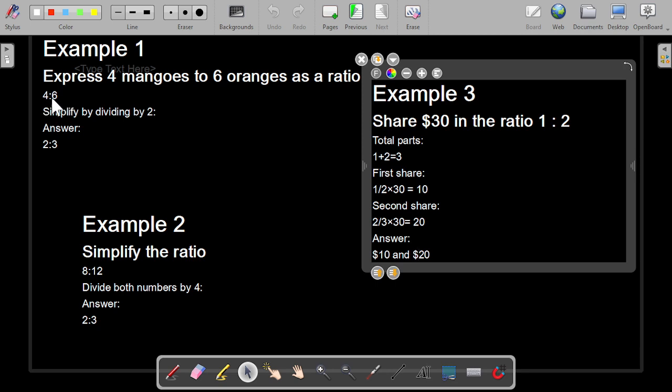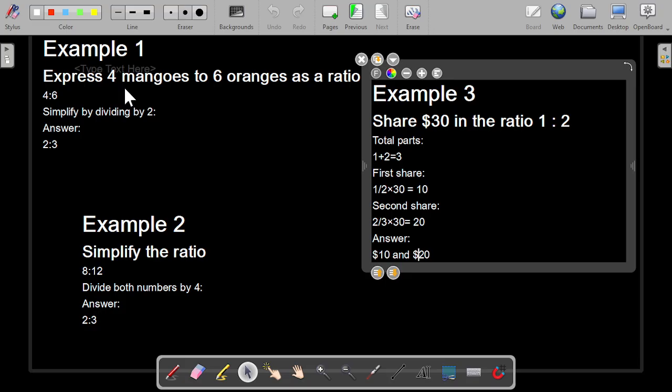So this question simply means that you are going to find the ratio and normally come to the lowest indivisible numbers of both, the lowest of both. So you look at the common factors.